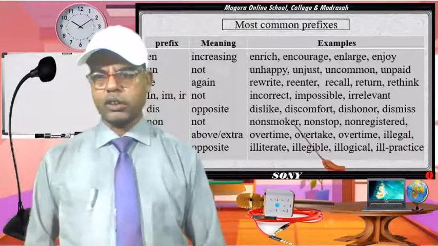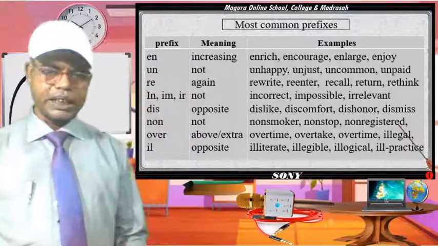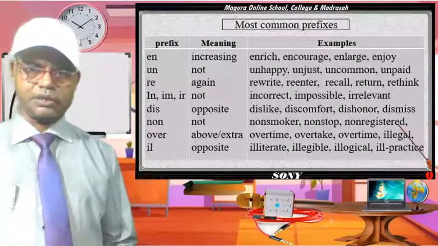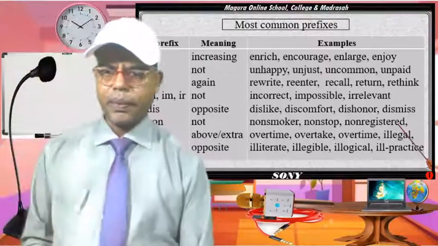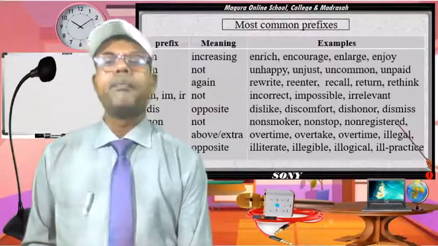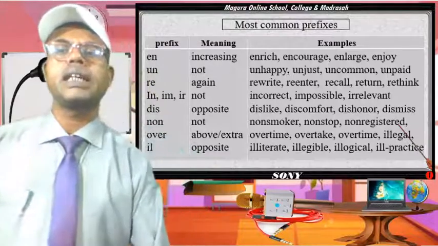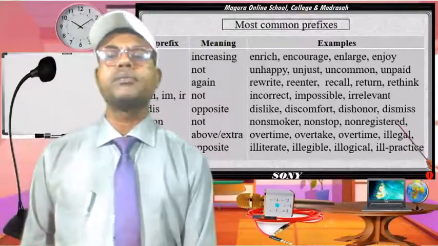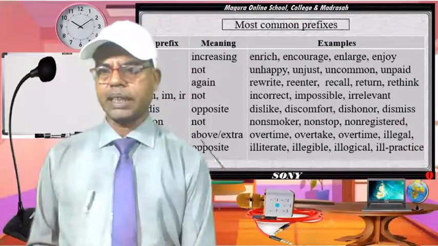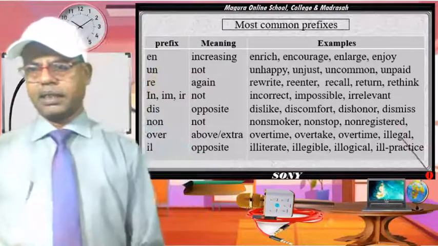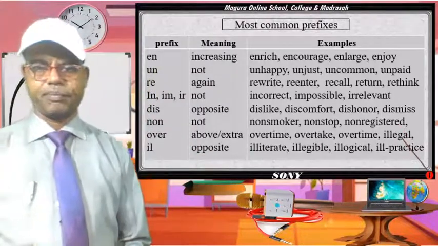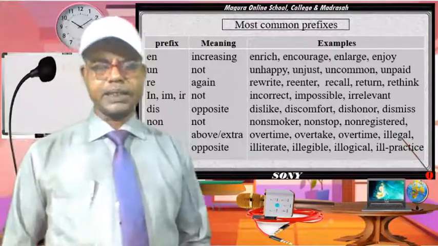Now, non, its meaning is not, okay? So, you see here some example, non-smoker, non-stop, something like that. Then you see over. That means over, extra, something like that.